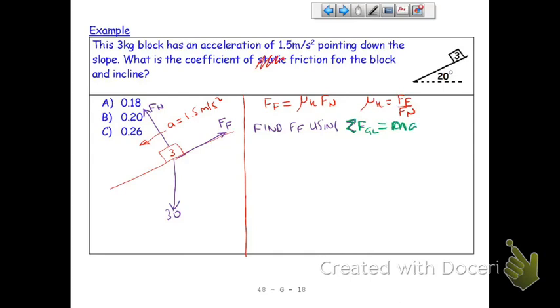Now, here's the tip. Whenever there is an acceleration, go with it. The acceleration is down the slope, so go with it. That guy is along the slope.